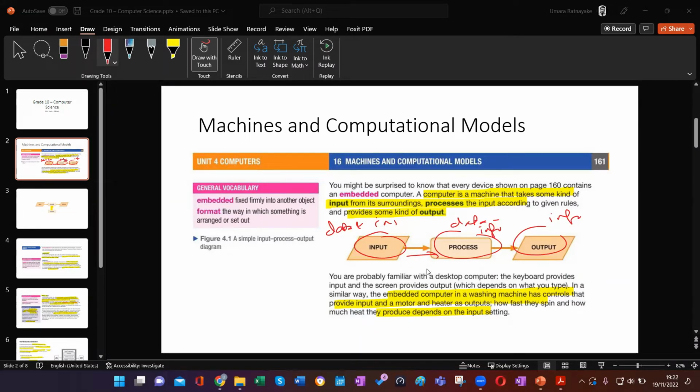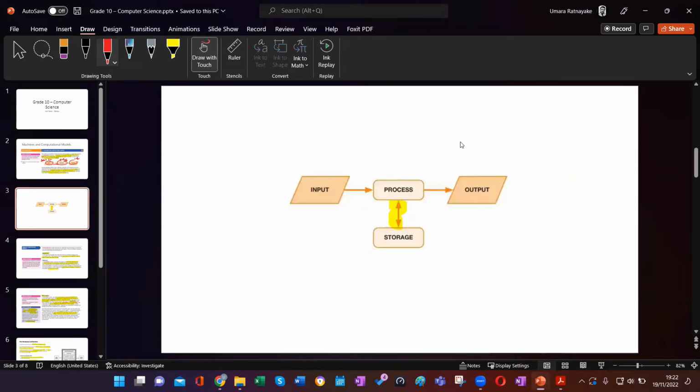You must have heard about the punch card system, where they punched holes in a certain pattern. That was the input to the system. Later, a scientist called John von Neumann came up with a model that could also include something called storage.